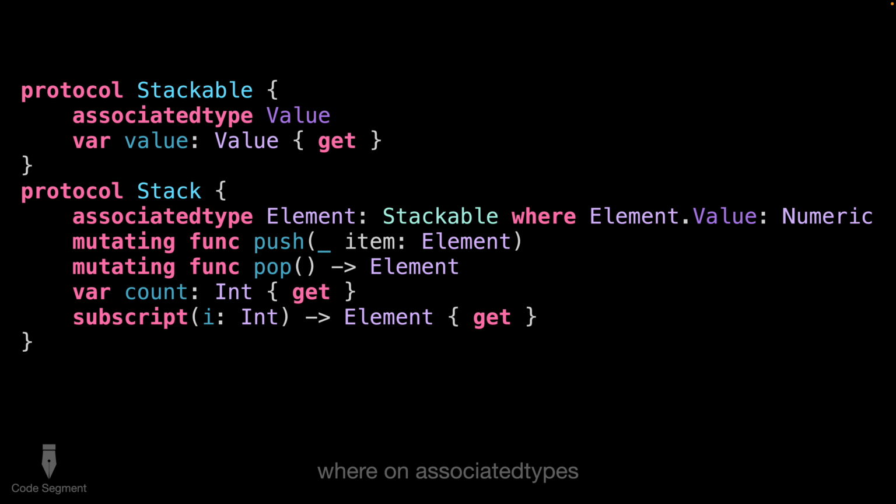Otherwise, you'll get a compiler error. It won't let you compile, okay? So this is basically a way of very strictly defining what people can use as your associated type. You can put these huge constraints on the generics and associated types that users are allowed to use in your API. This is really important and helpful for API design when you're building libraries for other people to use.